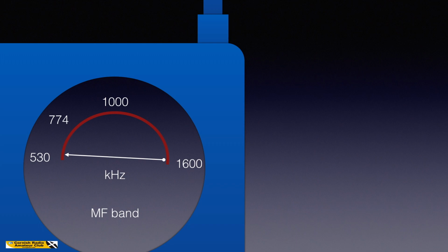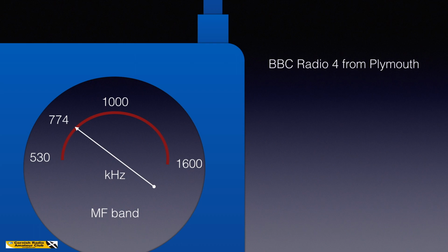So it's tuned to 530 kilohertz. If we tune up in frequency to 774 kilohertz, we would probably hear BBC Radio 4 transmitter, which is transmitting from Plymouth on 774 kilohertz.